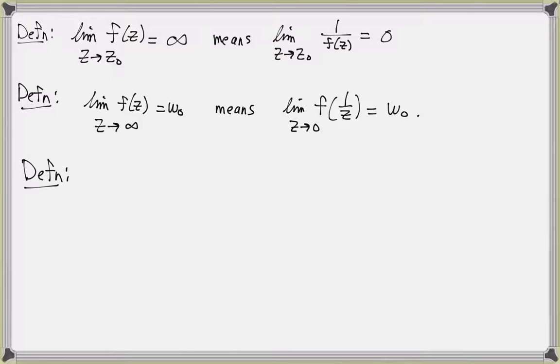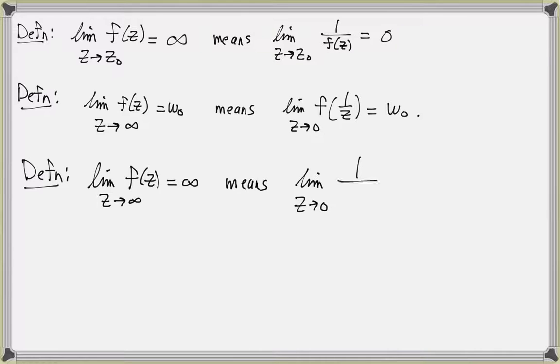And we will define the limit of f of z as z approaches infinity to be equal to infinity if and only if the limit as z approaches 0 of 1 over f of 1 over z equals 0.